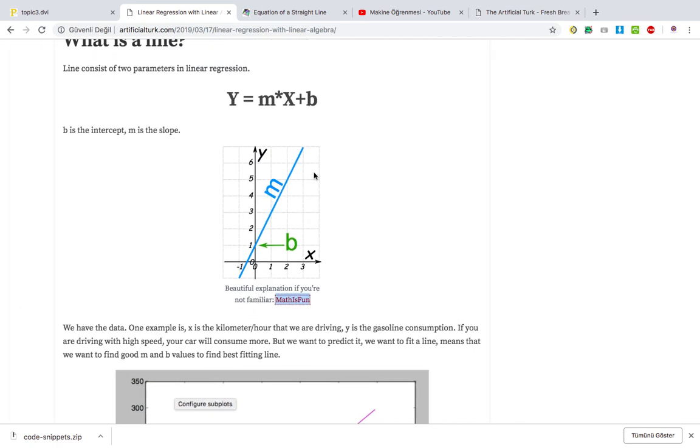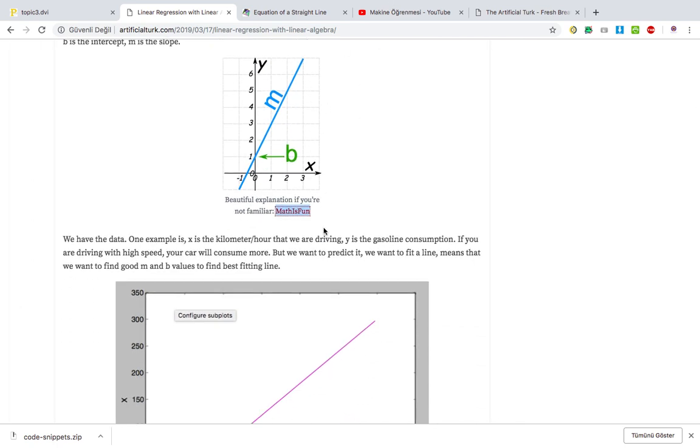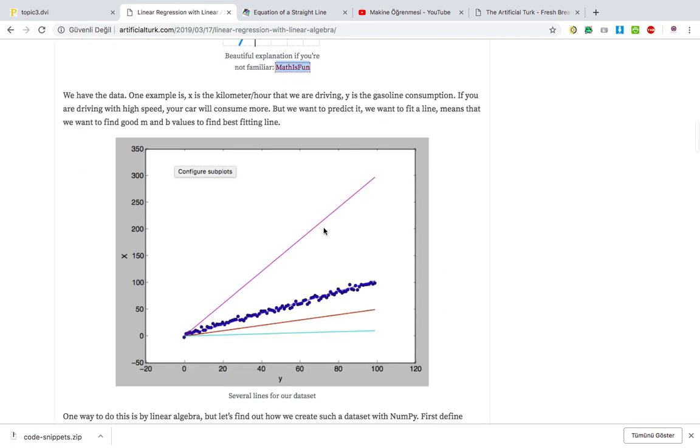Well, we have the data. It can be a kilometer per hour and the gasoline consumption, or it can be the area of the house and the price of it. And it can be anything that has a linear relationship, but in real life the linear relationship is not always observed.